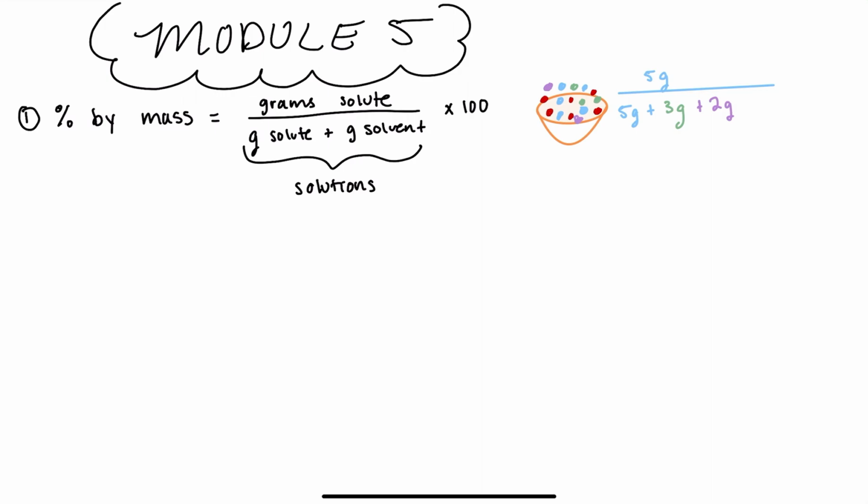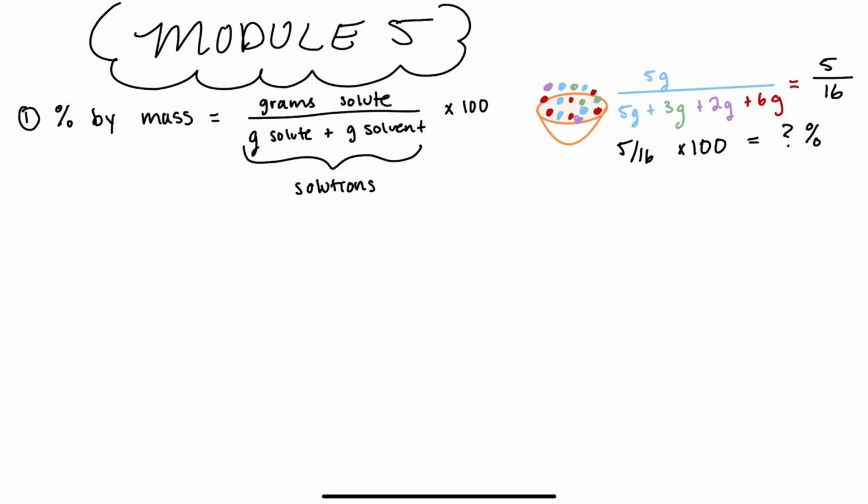And then I have 1, 2, 3, 4, 5, 6 reds, right? So what's my total ratio here? Well, I have the 5 at the top. 6 plus 2 is 8, plus 5 plus 3 is 8, so it's 16. So that's my ratio, 5 divided by 16 times 100, right? So whatever that ratio ends up being would be my percent by mass for blue.